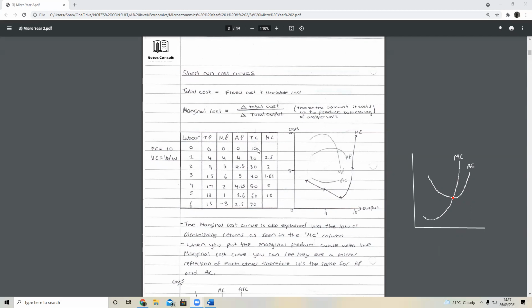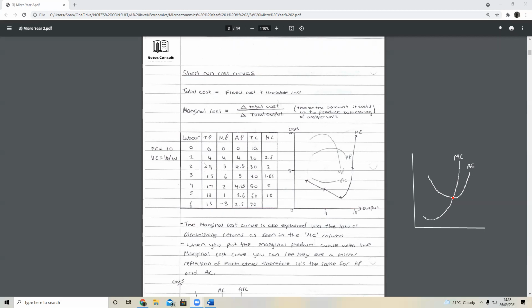The change in total cost from 10 to 20 is 10, right? That's the top part of the formula. Divided by the change in total output. The change in total output is 4, from 0 to 1. So that's why we do 10 over 4, which gives us 2.5.